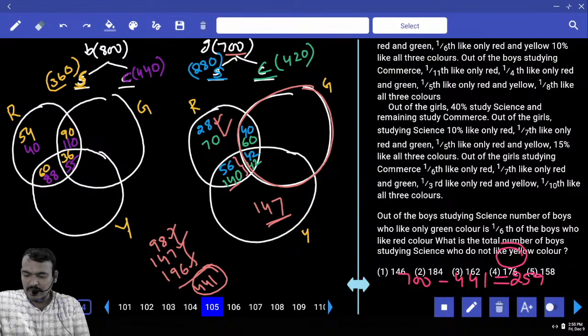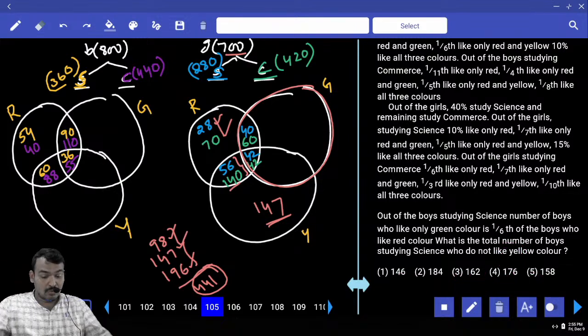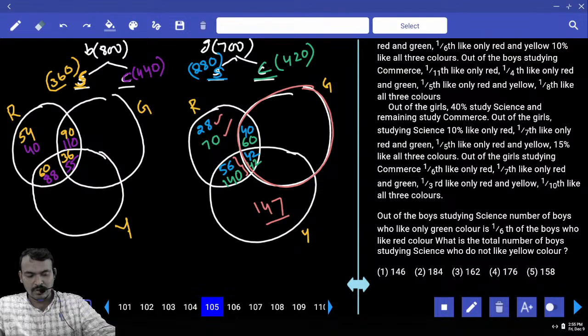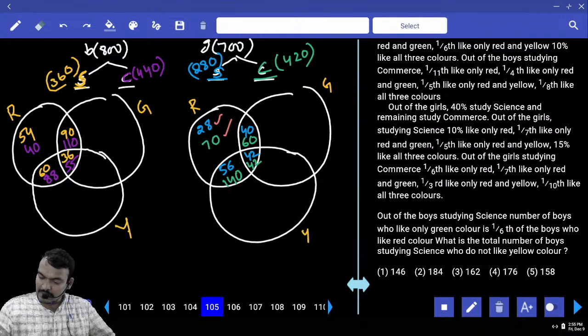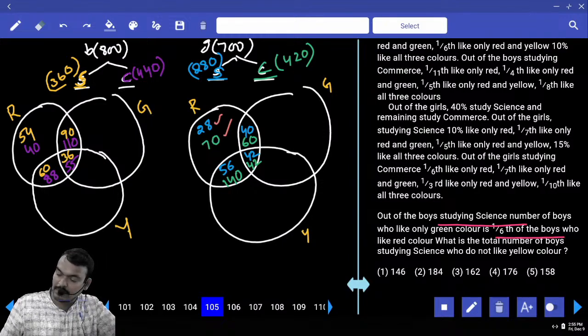Next question number 105. Out of the boys studying science, the number of boys who like only green color is 1/6 of the boys who like red color. Boys studying which one? Science. Boys studying science who like green color is 1/6 of which one? Boys who like red color.